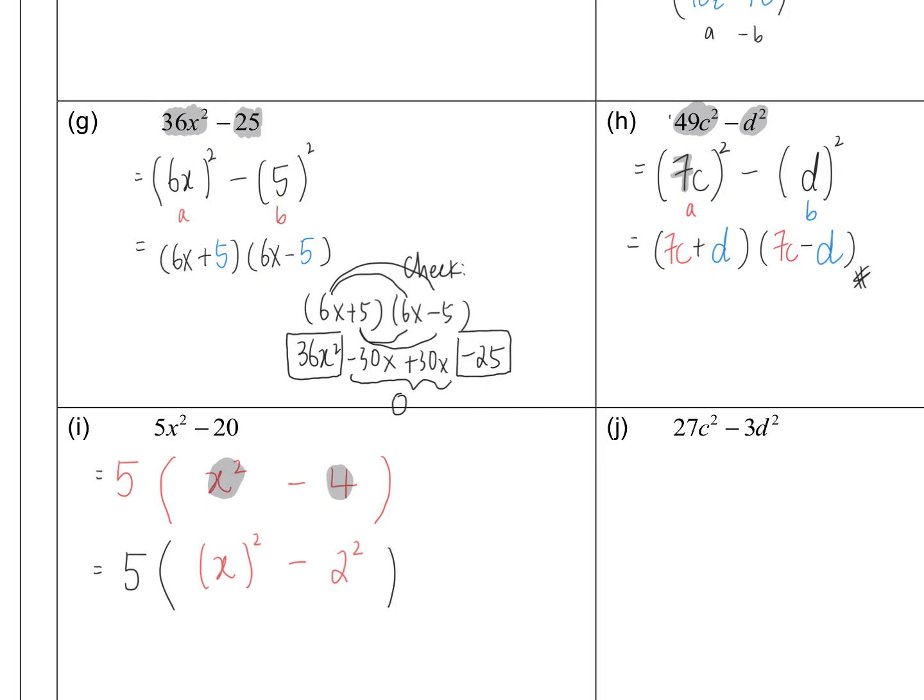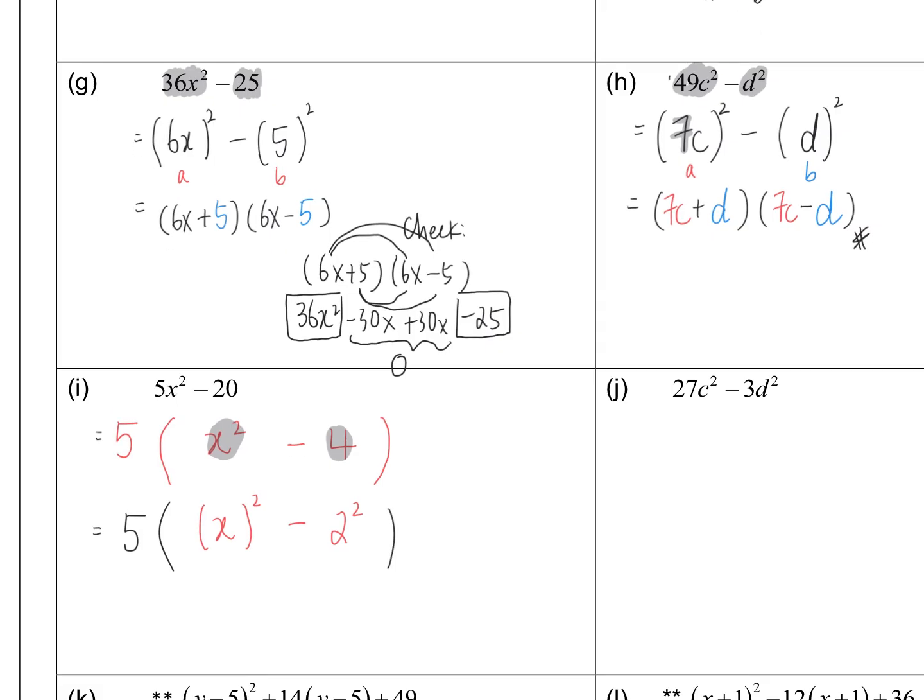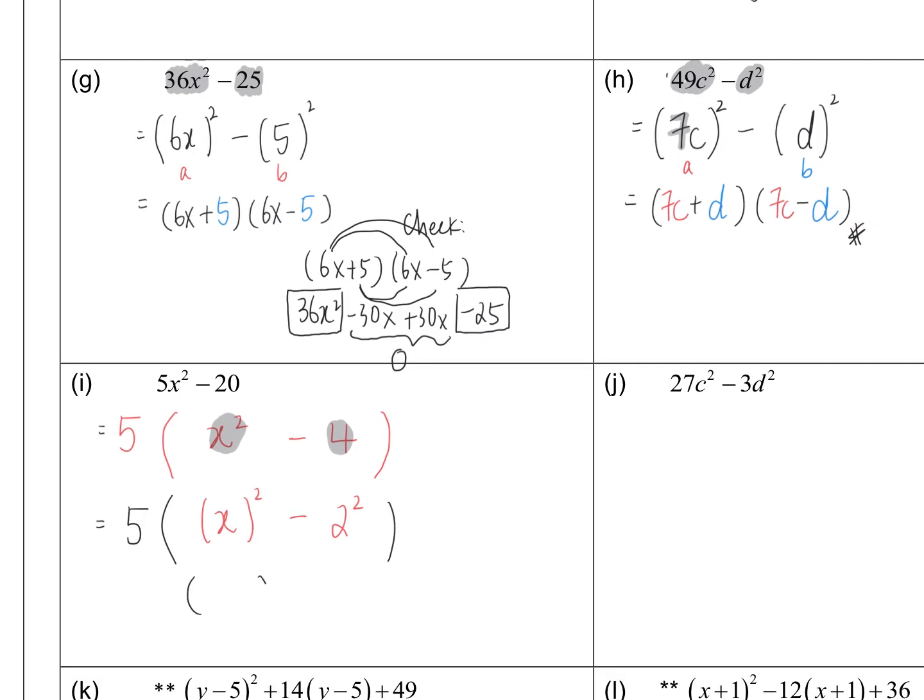So inside the inner bracket, you know you can factorize this into a plus b, a minus b. So I put my x here, this is my a. This is my b, so I put my 2. So the 5, you just write it outside. So when you see that they are not perfect squares, they must have included an extra factor in it.